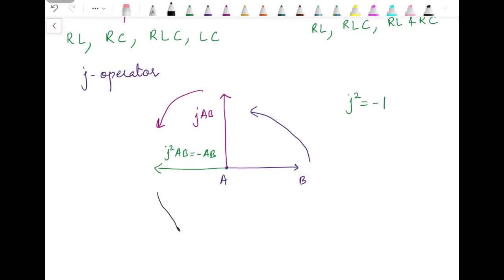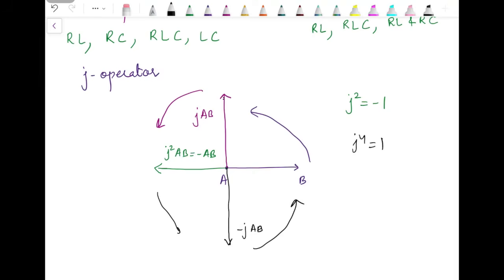Further multiplication will lead to minus jAB, which is just opposite to this jAB, and one more multiplication with j will bring this phasor AB to its initial position. So j raised to power 4 is actually 1.